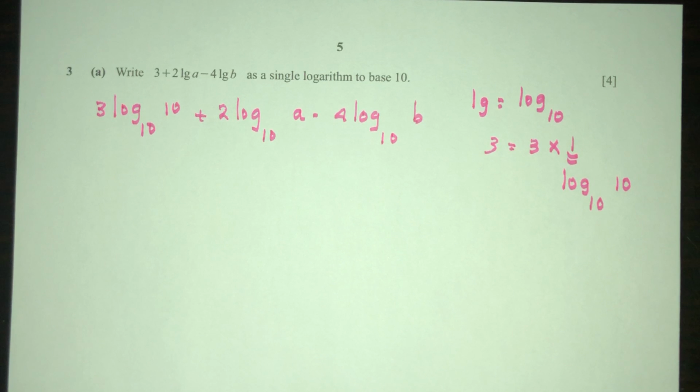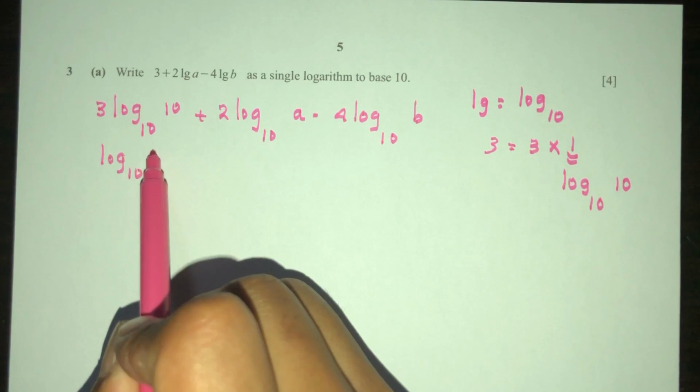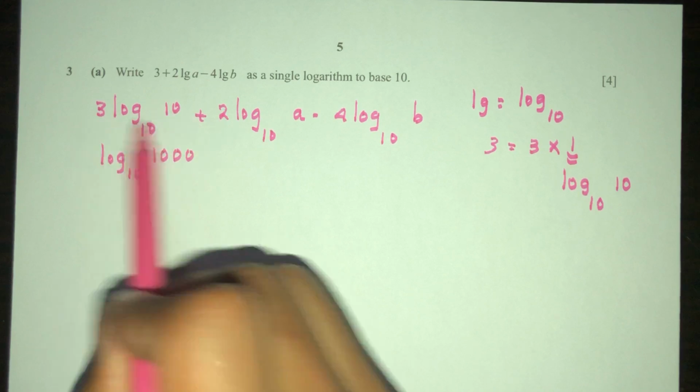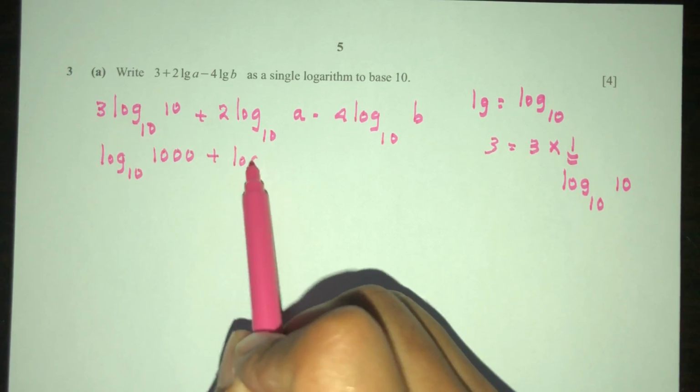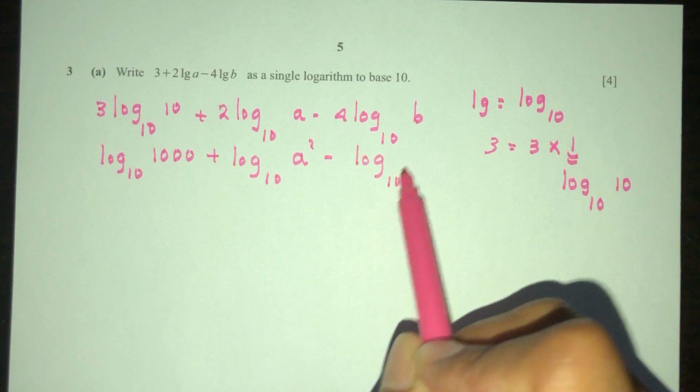Here you go. Now simplify, we can send the powers up, that will become log base 10 of 1000, right? 10 to the power 3 will be 1000, plus log base 10 of a squared, minus log base 10 of b to the power 4.